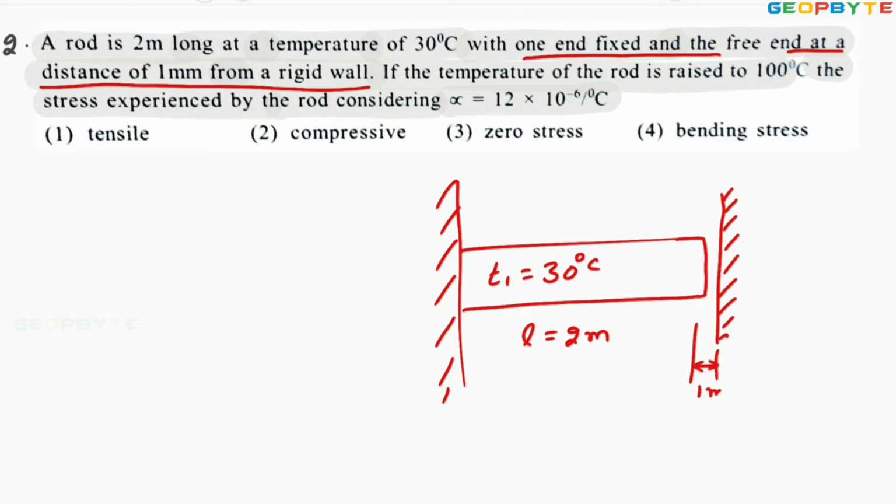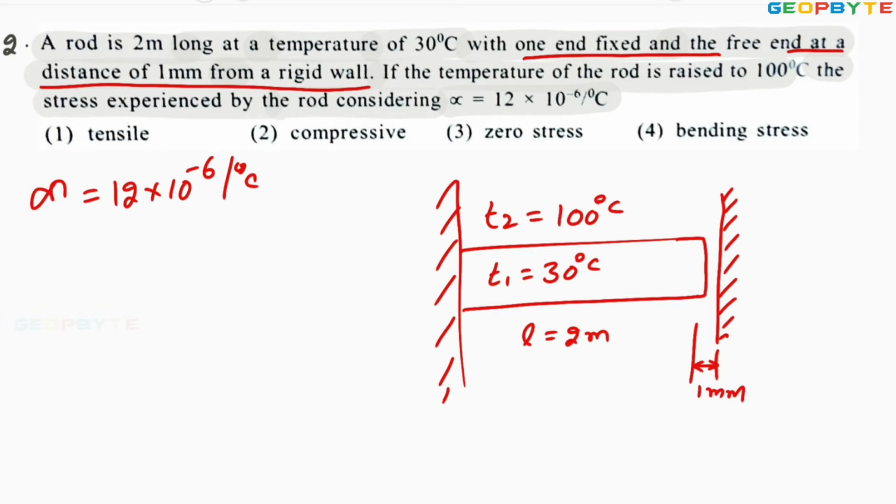When the temperature increases from T1 to T2, where T2 is given as 100 degrees centigrade, the body is definitely going to elongate. The coefficient of linear expansion of the body, alpha, is given as 12 into 10 power minus 6 per degree centigrade. You are asked to find what kind of stresses are developed in the rod.